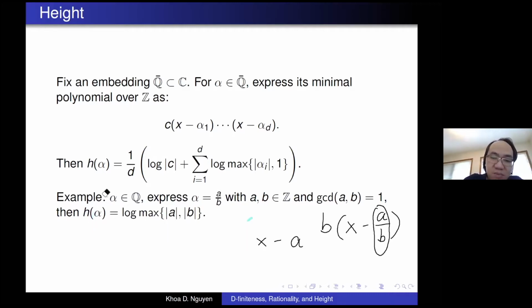And in a certain sense, people also think of this as the number of digits required to express your number, because you write it like this, and it is pretty much the maximum of the number of digits in here or in here.